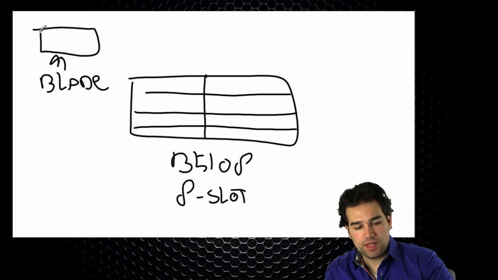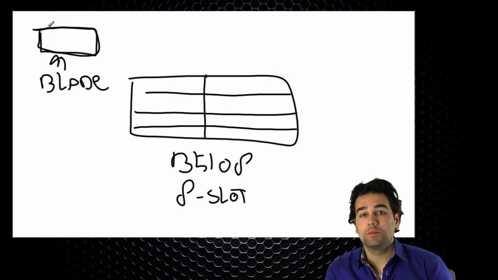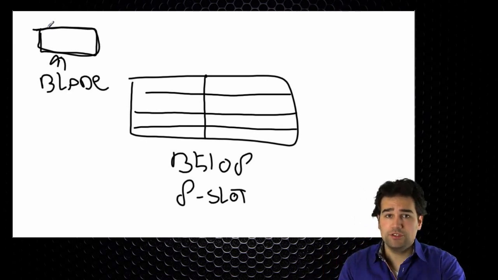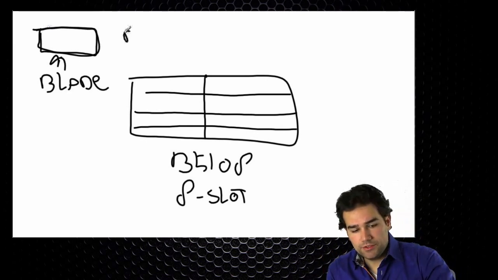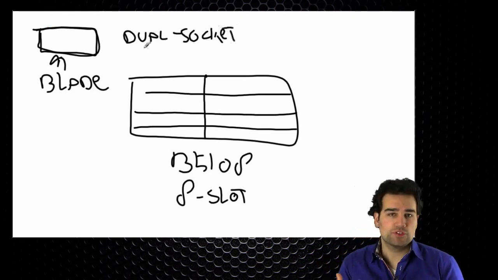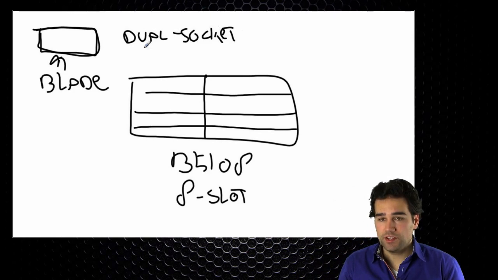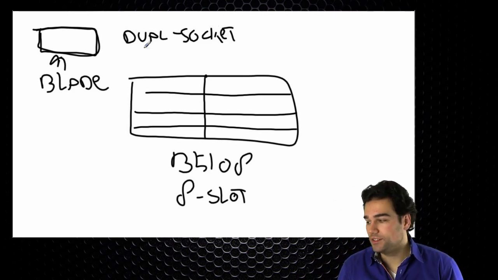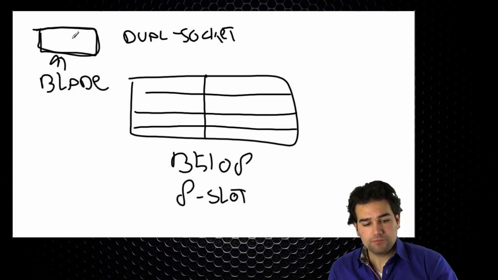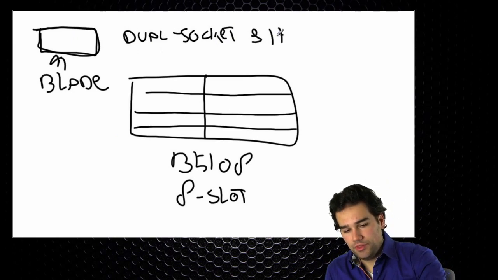Let's say this half-width blade has a limited amount of physical real estate, so I can only fit so many DIMMs and so many CPUs. I can only fit a dual socket CPU here, so 2 CPUs maximum in a half-width server, and I can host X amount of memory. Of course that changes over time when higher density memory is released. So if you want more memory, Cisco makes bigger blade servers. This is what they call a half-width.